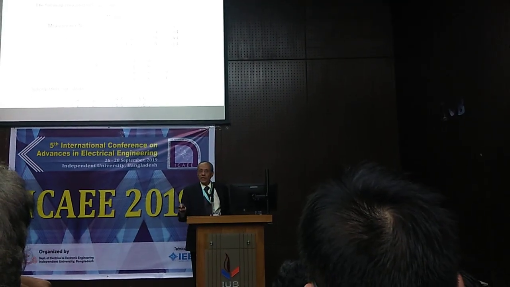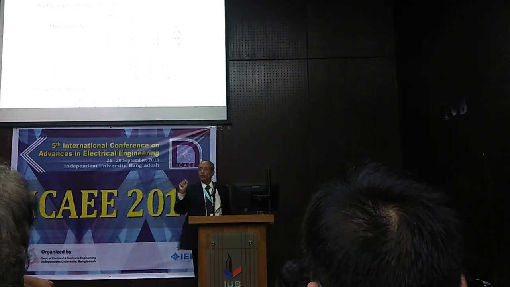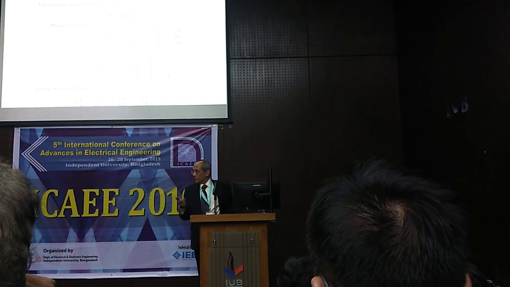Is that okay? You set up the problem, how many parameters are needed? You need to do that many experiments to extract only those parameters, not to know the whole system.